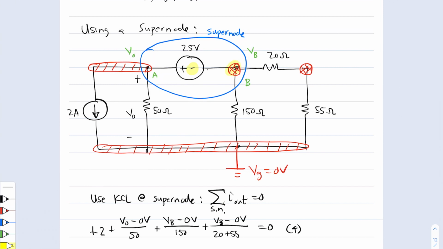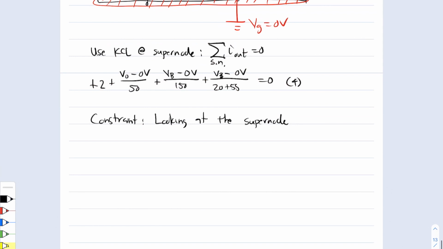So here, because of the polarity, that minus sign, that means this voltage must be smaller than that one. So if I take VB and I go up that way, V naught must be bigger by 25 volts, which means I can write down the equation that V naught is VB plus 25 volts.